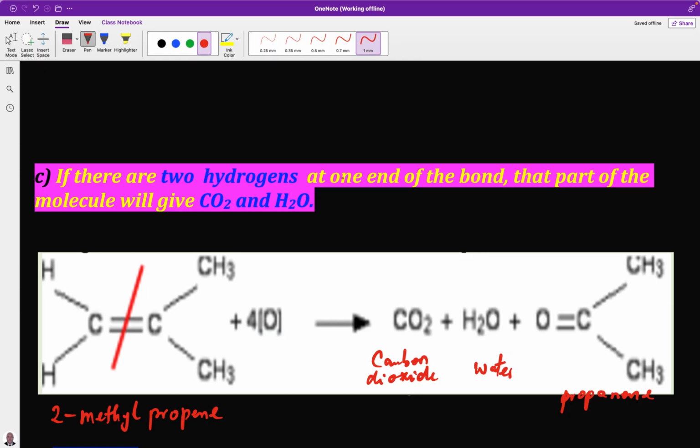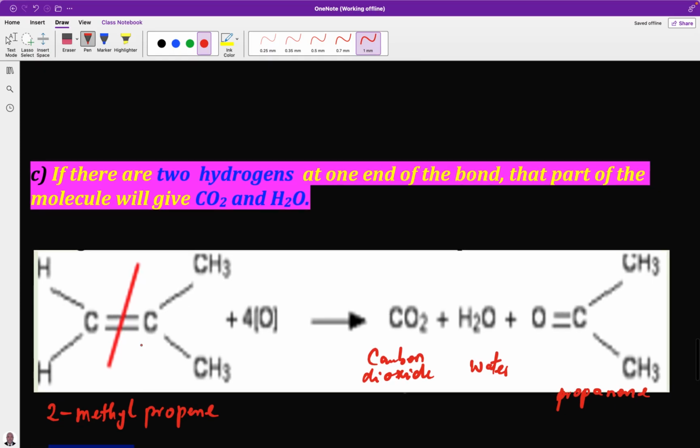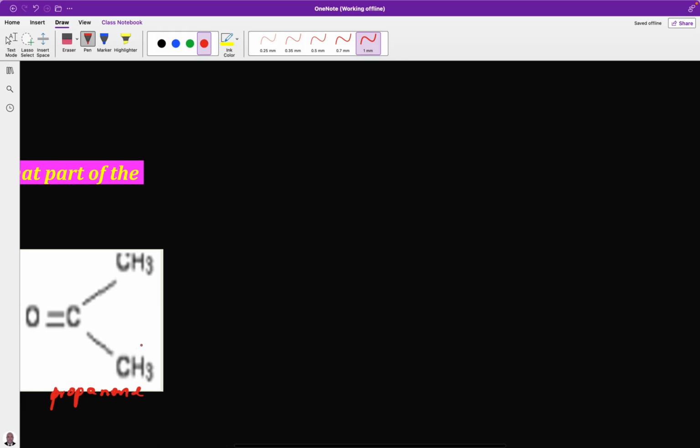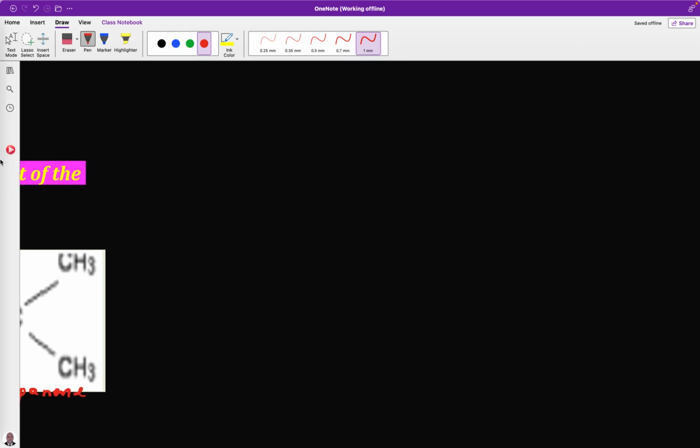This is a summary of what you are expected to know. Where there are two hydrogens, that section will be carbon dioxide and water, and this other section will remain. If this splits, oxygen from the oxidizing agent will be added. Let me show you how it will go, using this very molecule.